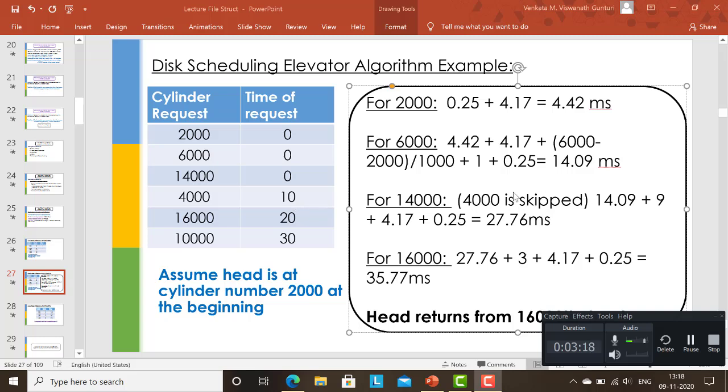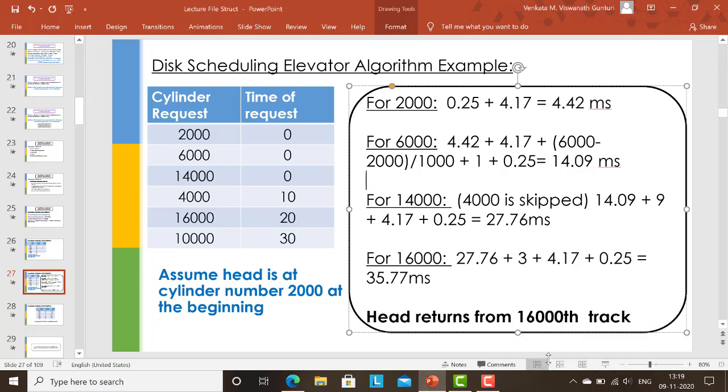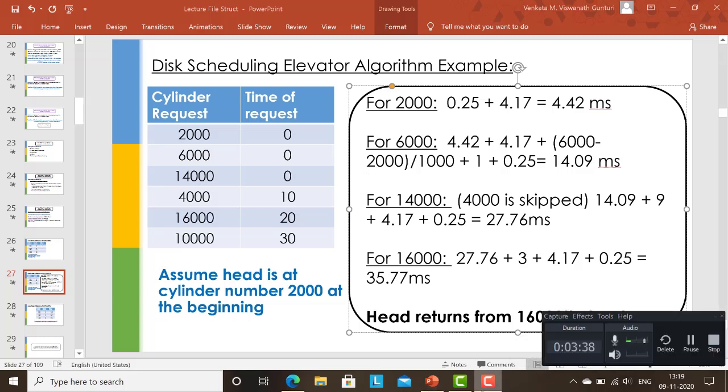So by the time the 14,000 gets serviced, how much is the time required? Current time is 14.09, plus you have to move about 8,000 cylinders, plus 1 millisecond for initial inertia.